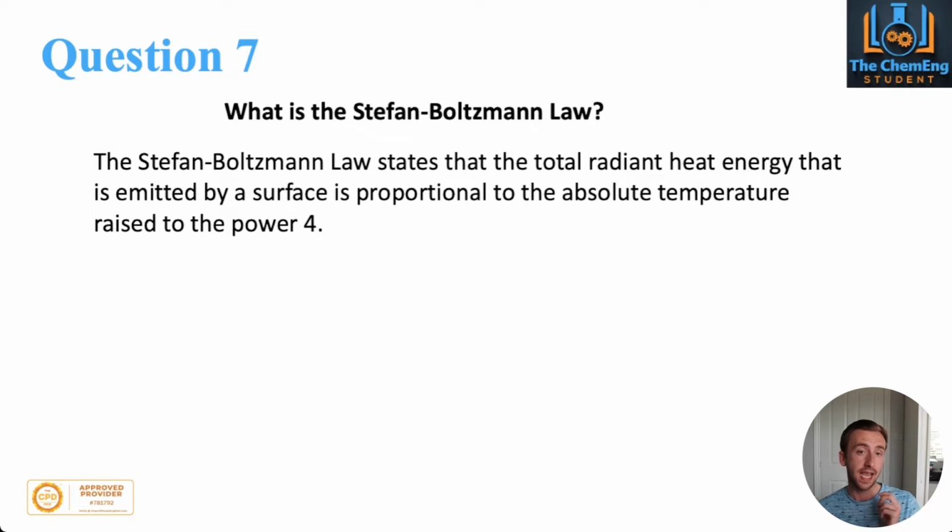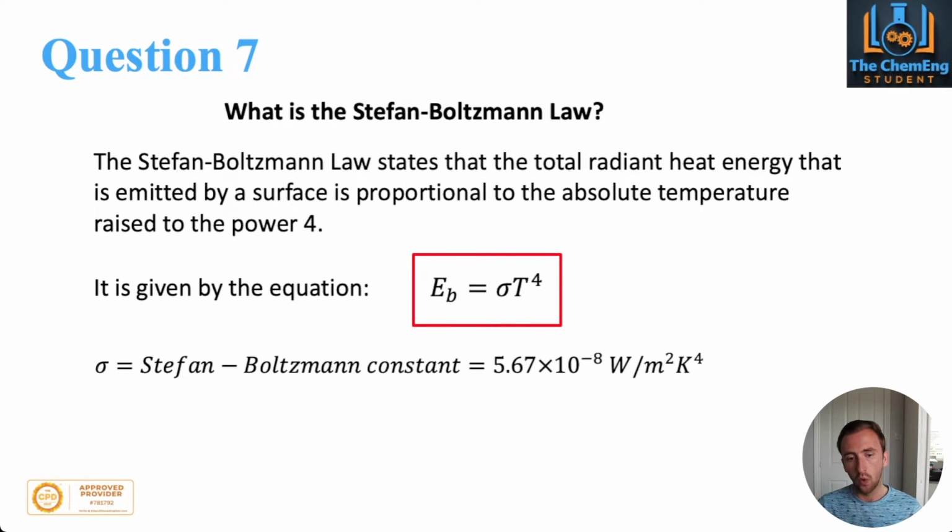Now this is an experimentally validated correlation, so you don't have to prove it, but you have to know what the relationship actually is, what it relates to. So you have the total radiant heat energy, so that's the E_b. Then you have sigma T to the power 4. So that's the absolute temperature, which is in degrees Kelvin, to the power 4.